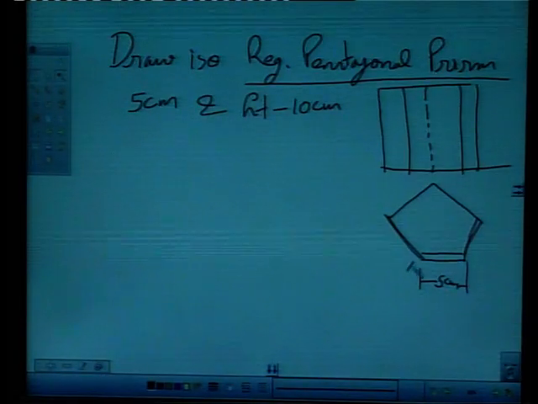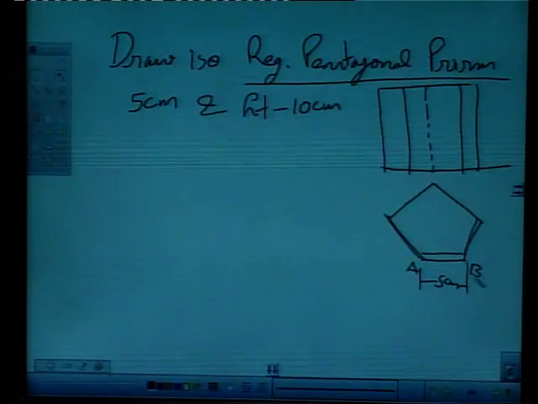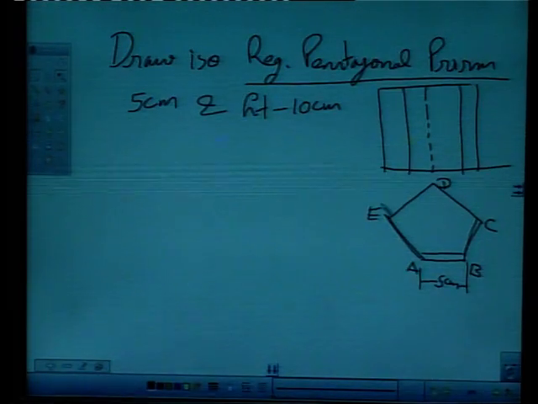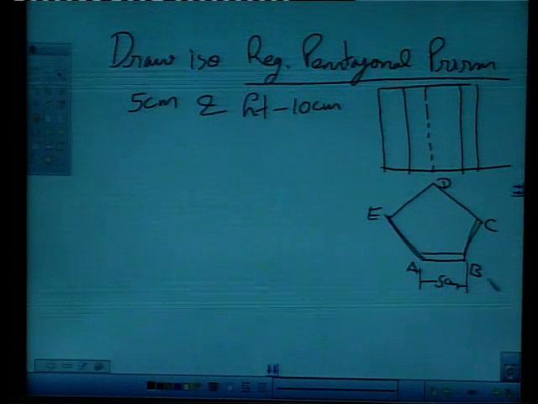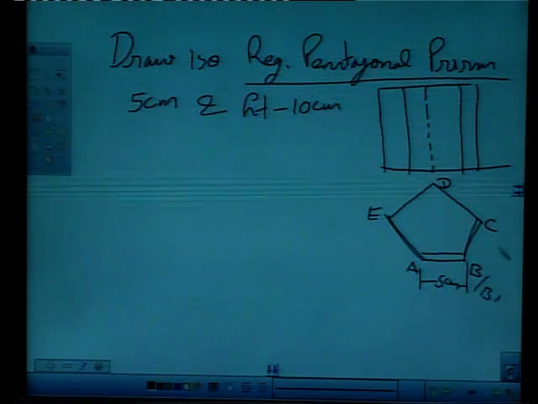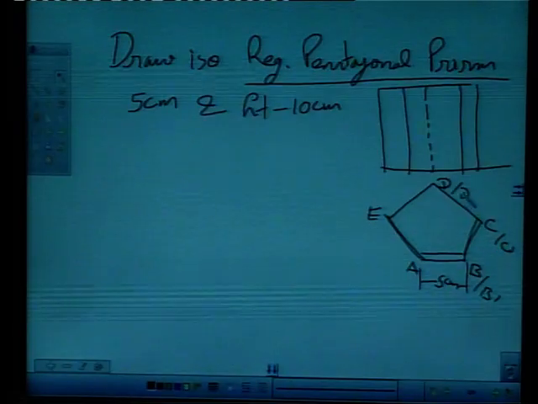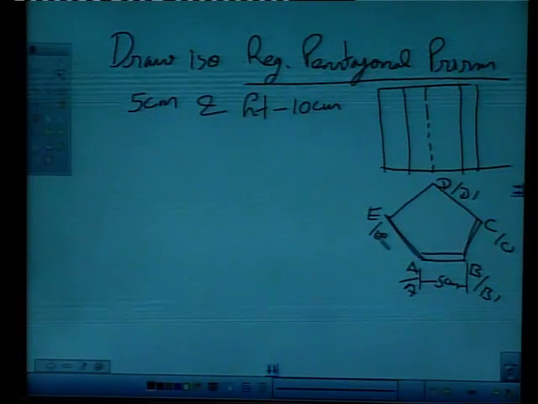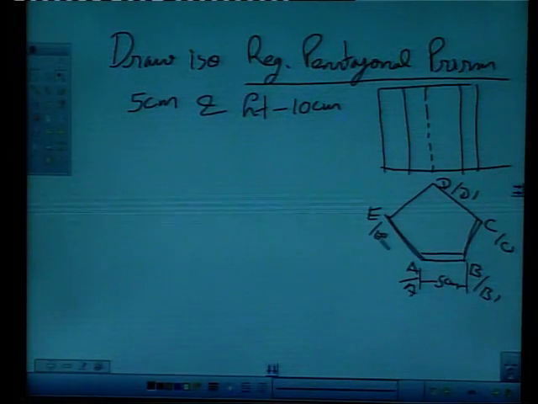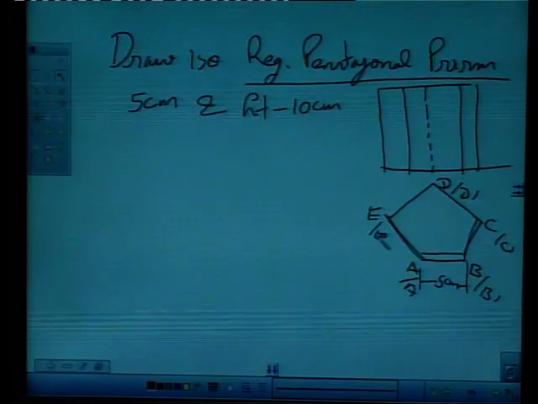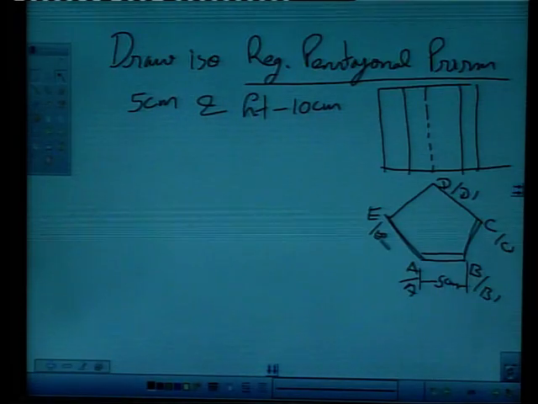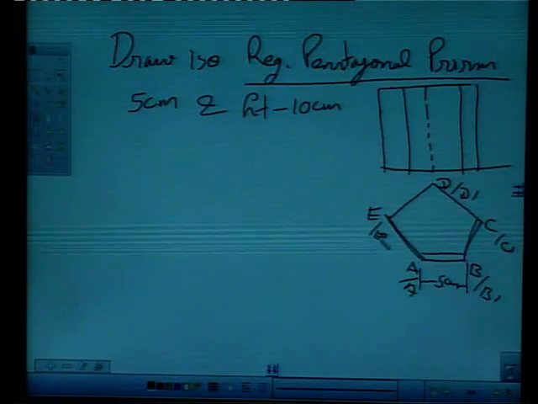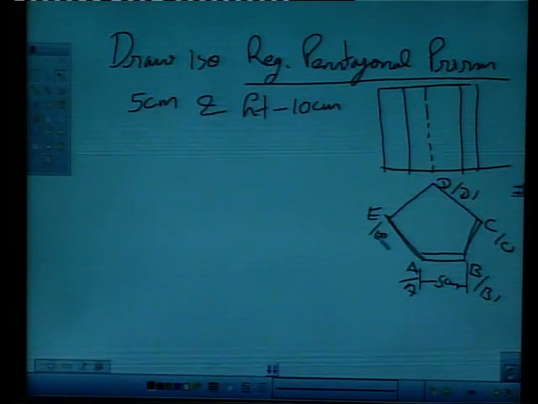Say this is point A, this is point B, this is point C, this is point D, and this is point E, right? And all these points have oblique points B dash, C dash, D dash, A dash, and E dash. For drawing this, first of all we will draw orthographic projection, which is like this. In this, we will enclose this again in a box.